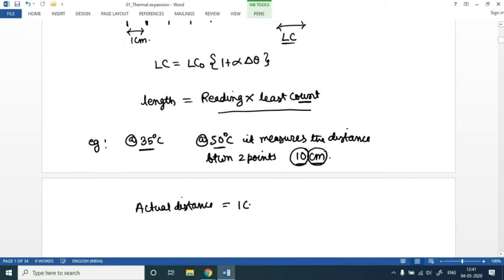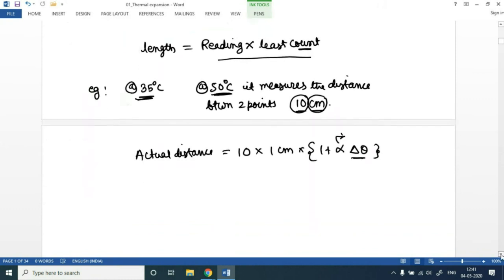So the reading is 10, and the least count at 50 degrees Celsius would be simply 1 centimeter, the original least count, into 1 plus alpha delta theta, where alpha is the coefficient of linear expansion of this metallic scale and delta theta is the change in temperature. In this case, delta theta is 50 minus 35, which is 15 degrees Celsius. So this is how the error occurs when we use a metallic scale to measure the distance between 2 points.